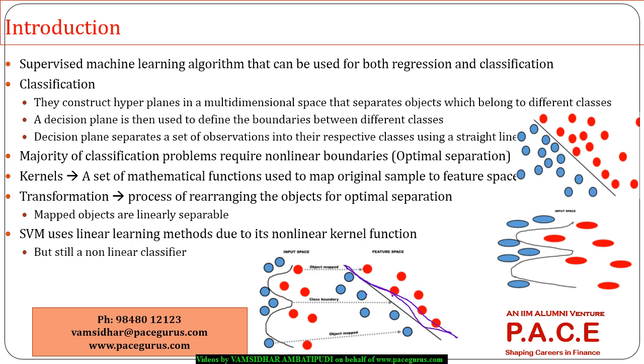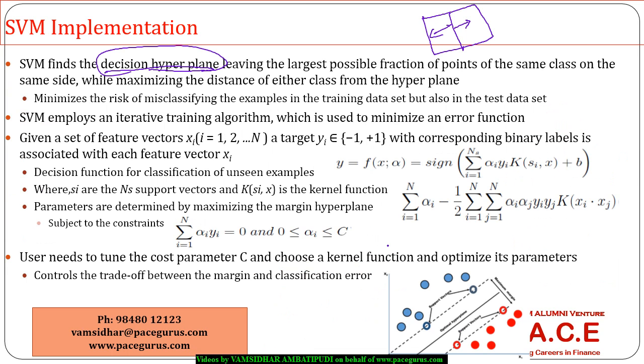Now what I really want to see when we are drawing a line is that the distance between the groups should be as large as possible, because even tomorrow, when data comes in with some other kind of characteristics, I should still be able to segregate between the groups quite comfortably.